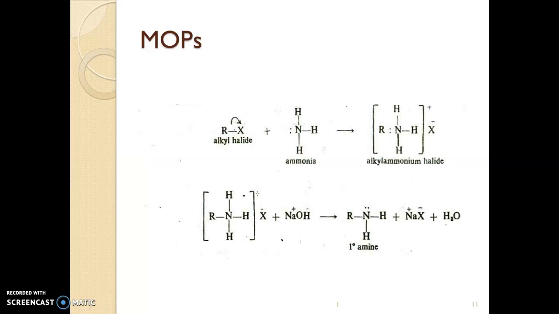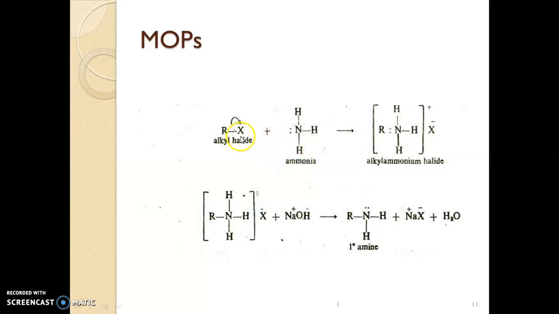So now let's see the reaction. Everyone knows the general formula for alkyl halide? Yes, it is RX. Reacted with excess ammonia it produces alkyl ammonium halide, which on further treatment with NaOH produces primary amine along with NaX and water.